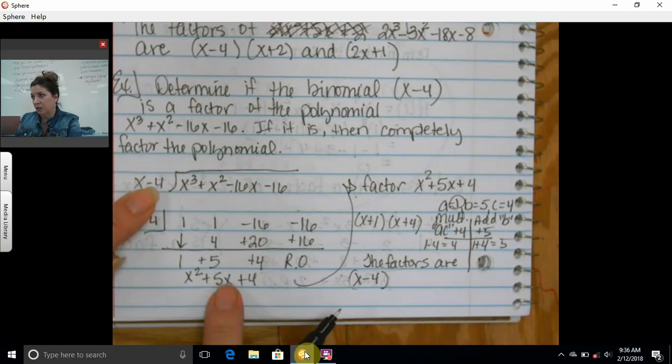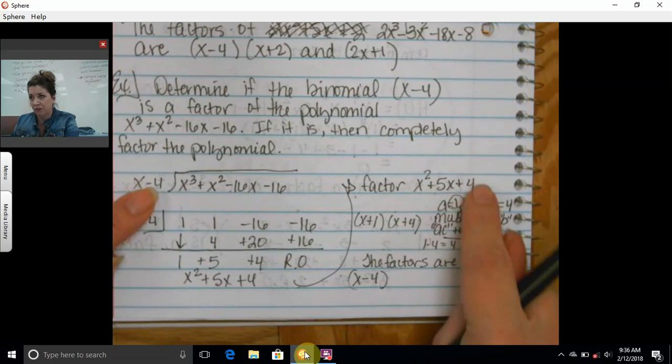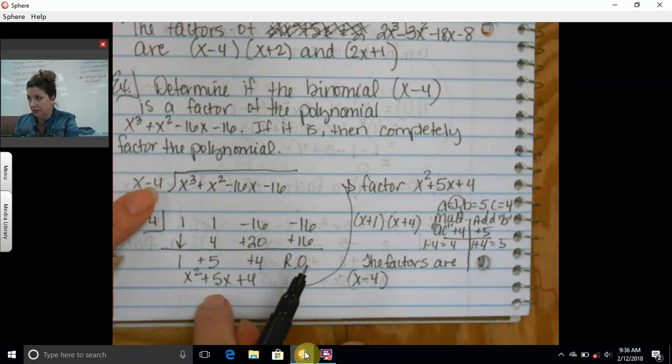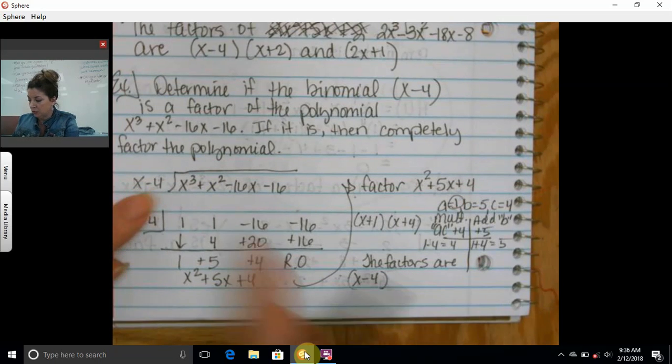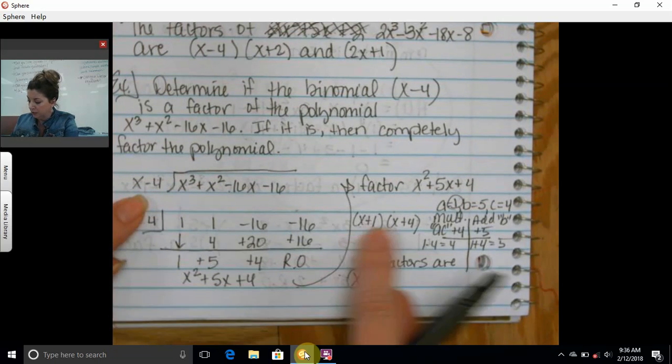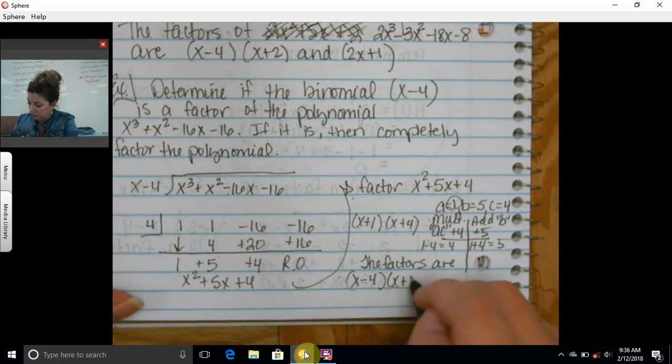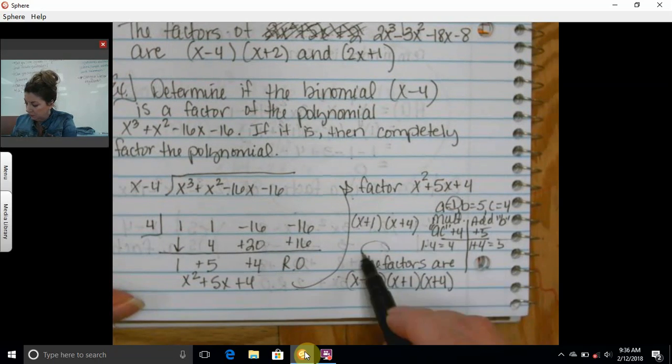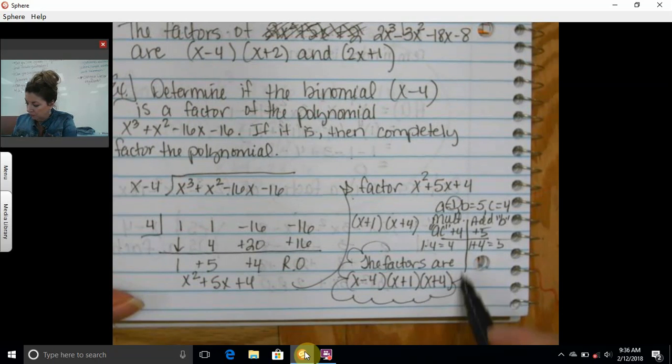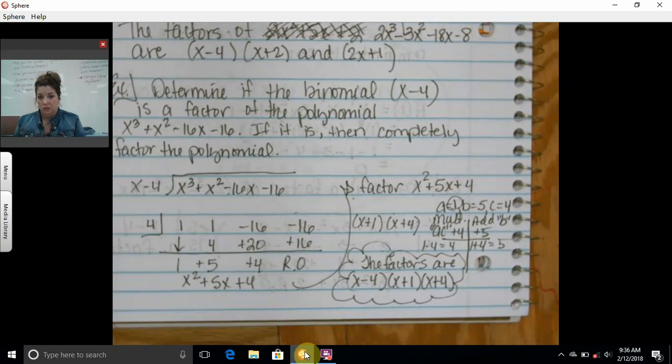We're not going to use x squared plus 5x plus 4 because we factored it further. So we have x minus 4, x plus 1, and x plus 4. If we multiplied all that out, we would get x cubed plus x squared minus 16x minus 16.